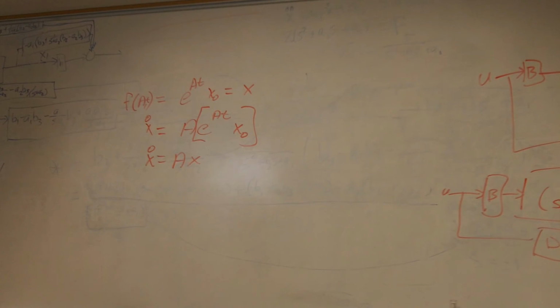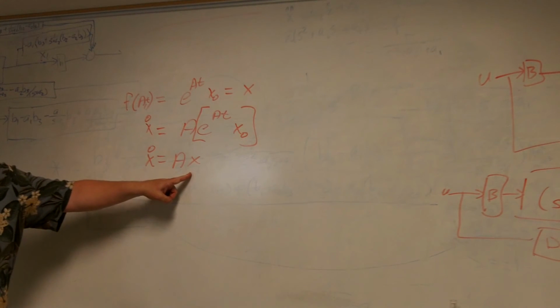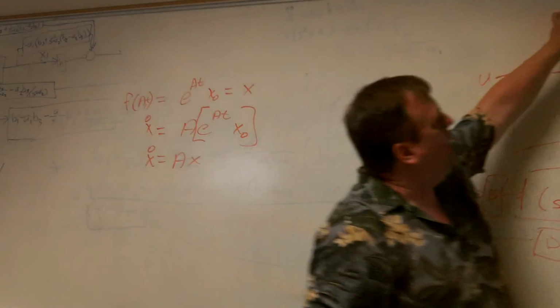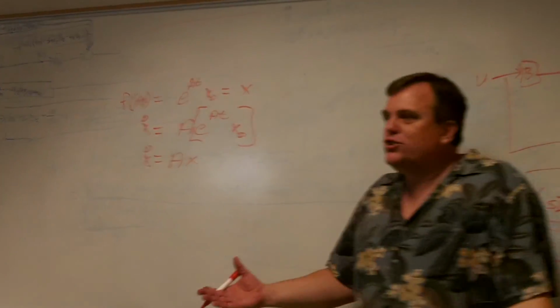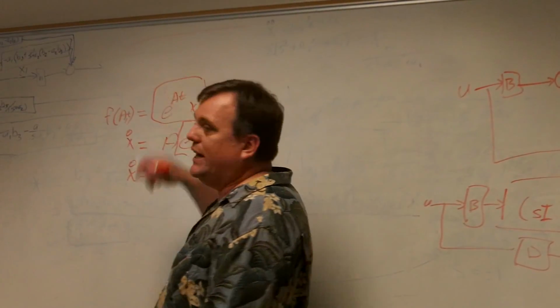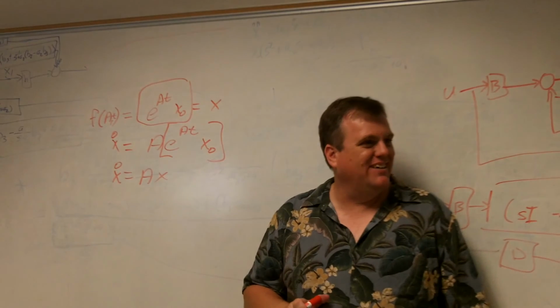You know why you care about e to the AT? Because we can write a whole bunch of stuff in this form, can't we? X dot equals AX. Z dot equals AZ. It's the solution to our whole thing. This is actually what you are looking for. That is the solution of everything you do.